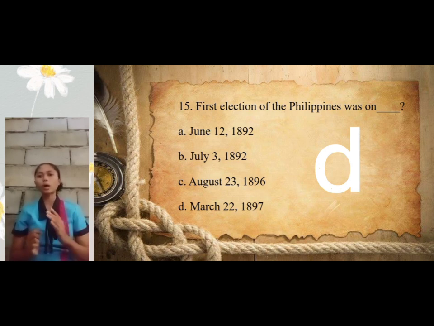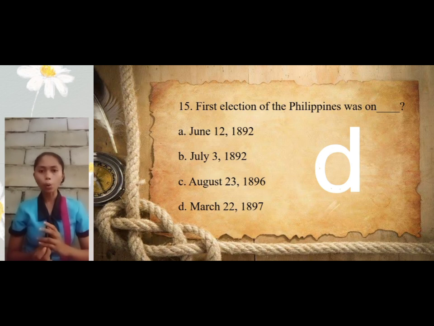On August 23, 1896, the Cry of Pugadlawin took place in Caloocan, in present-day Bahay Toro in Quezon City. On March 22, 1897, the Katipunan government established the first Department of Interior at the Tejeros Convention. So, the answer is letter D. March 22, 1897 was the first election of the Philippines.